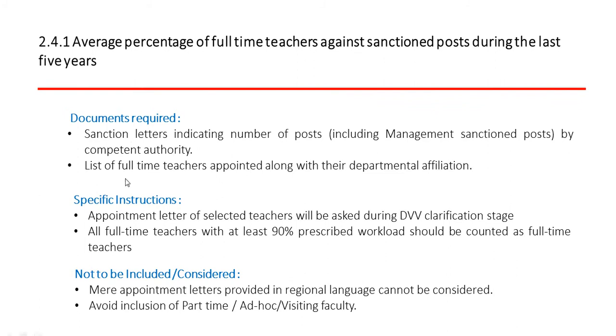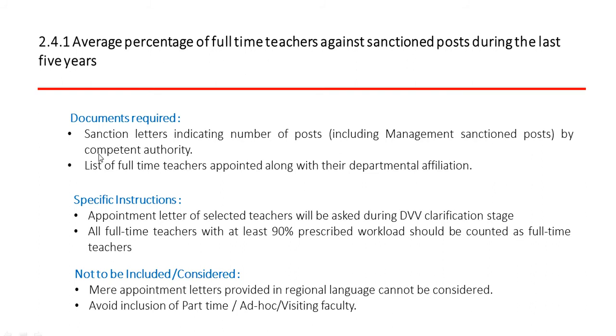That says appointment letters of selected teachers will be asked for during the DVV clarification stage for verification, and all full-time teachers with at least 90% of the prescribed workload should be counted as full-time teachers.